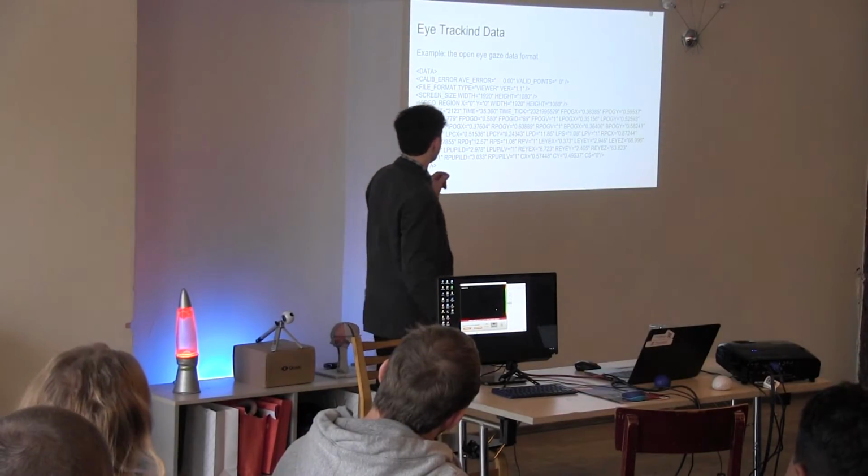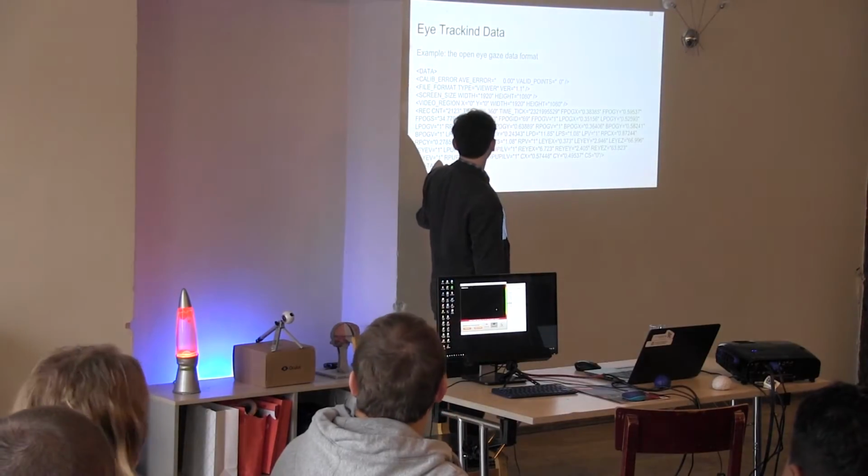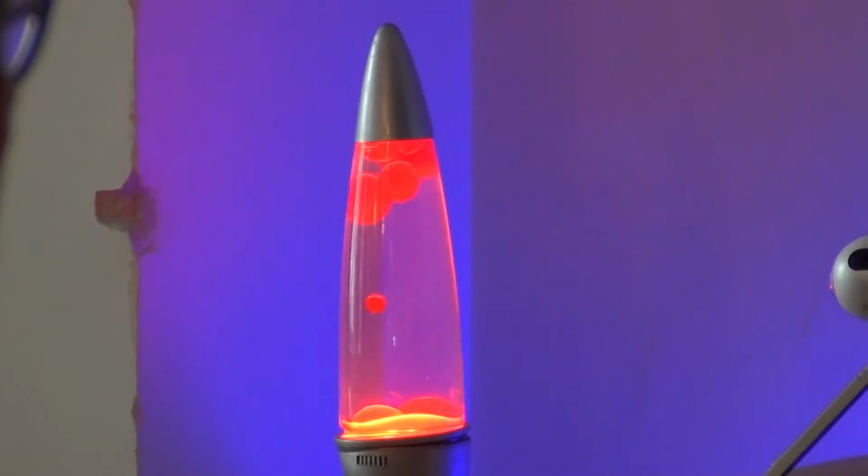So for example, here is 1185. It's probably the size in pixels on the camera image, and the reference measure has been taken while the eye tracker was calibrated.